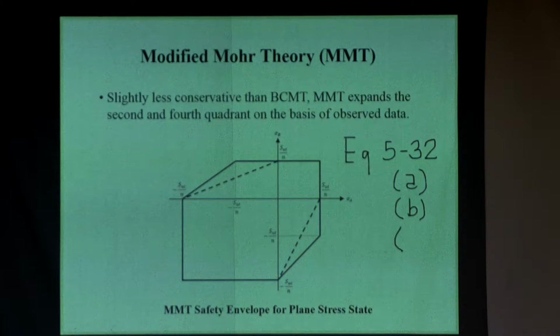The three cases are the same, but they deal with it slightly differently. So the modified Mohr theory equations in the book for the plane stress case are equations 5-32 a, b, and c. Okay, so let's do an example after this, and that's all I'll have. This will be the last thing I do from this chapter.